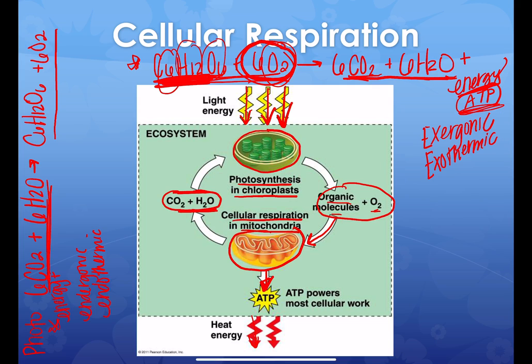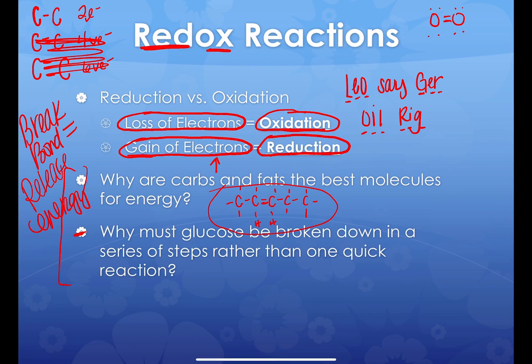We need oxygen to do it, and it's going to make some other stuff in the process. But the goal is to break down glucose and make energy that the cells can use. Cells can't use glucose. Cells can use ATP. Cellular respiration is the process that turns glucose into ATP.